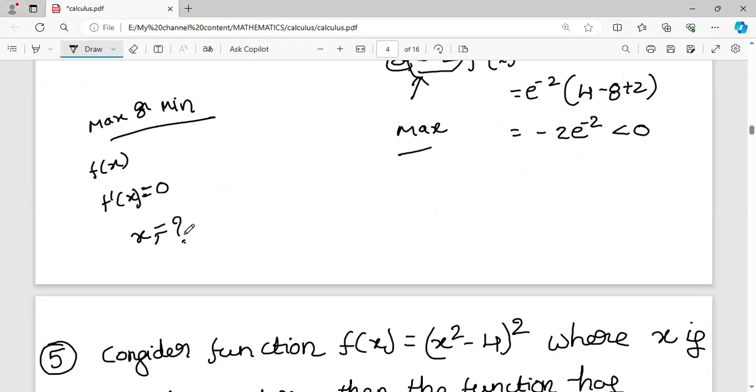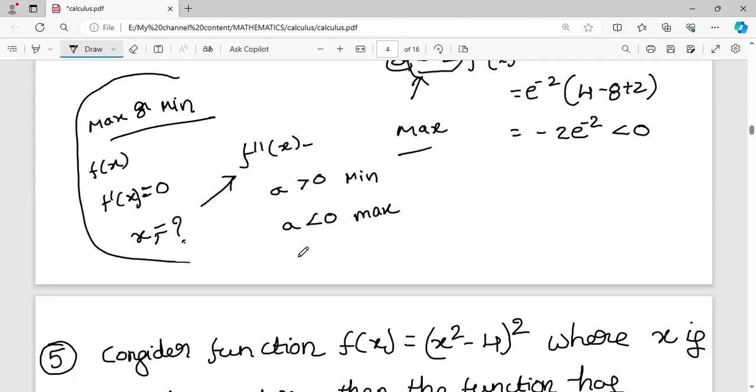After that, those values will be substituted in f double dash of x. Then you get some parameter. Suppose the parameter is a. If that parameter is greater than 0, that is the minimum value. If the parameter is less than 0, then that value is the maximum value.